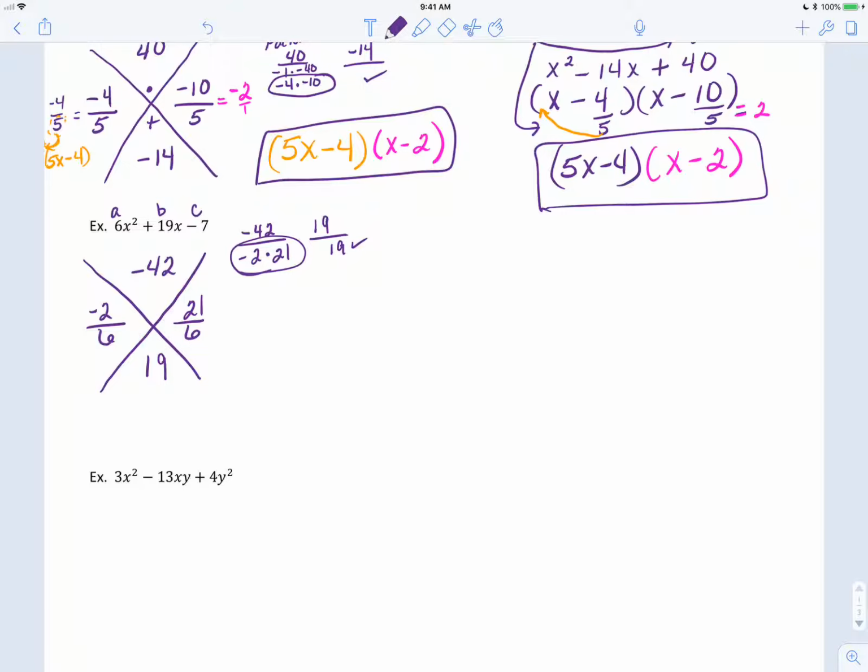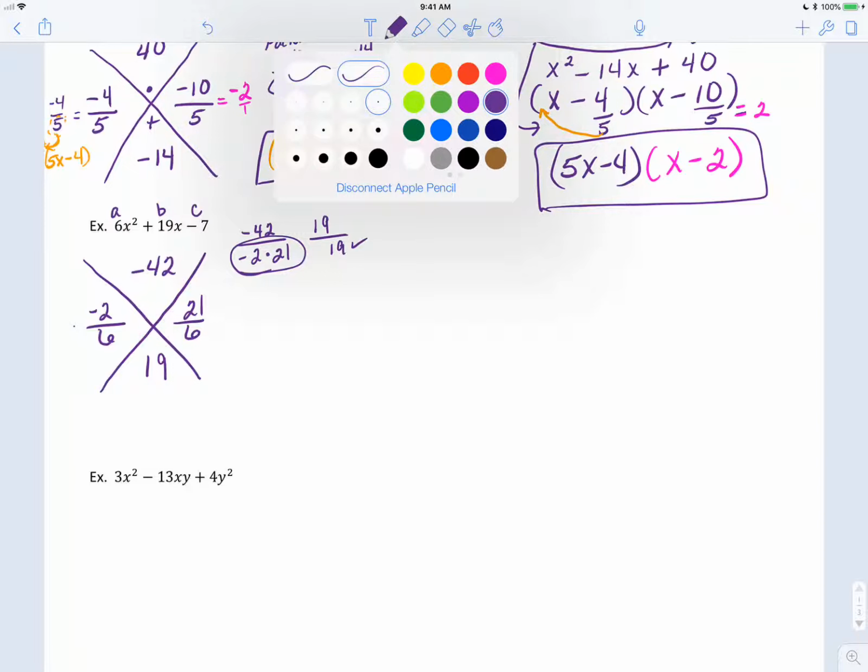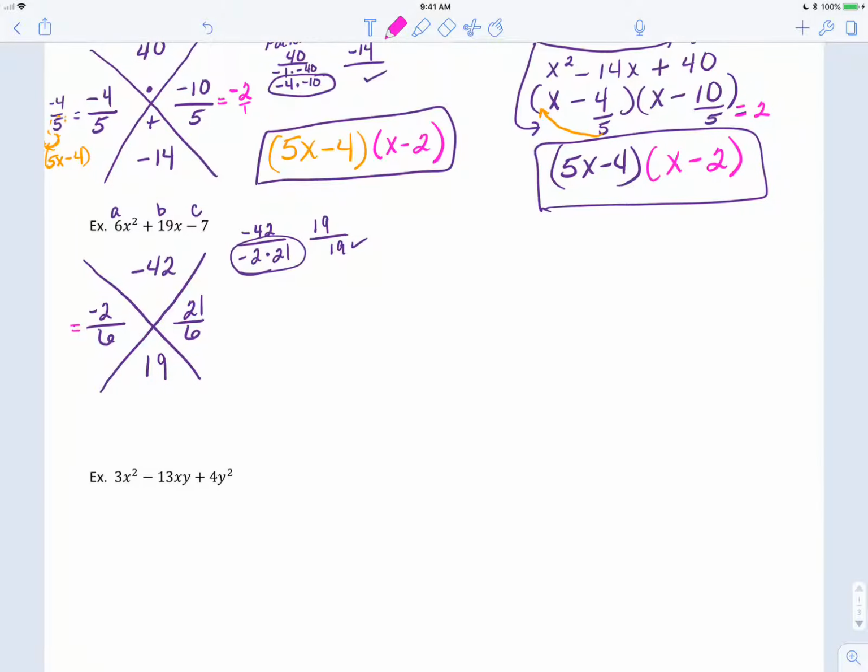All right, so negative 2 over 6, that reduces to negative 1/3. Well, remember, if something's on the bottom, it moves to the front and creates that binomial 3x minus 1. So we've got 3x minus 1.